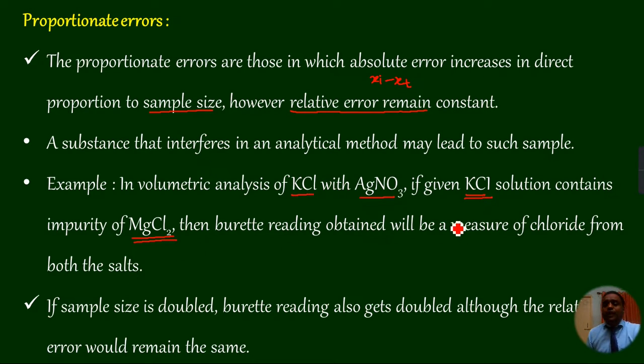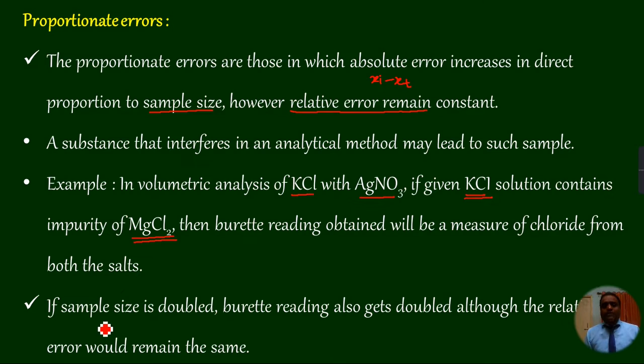The 5 ml has KCl as well as magnesium chloride, and in 10 ml it will exactly double the concentration of chloride, because in the same amount the impurity will also be incorporated.